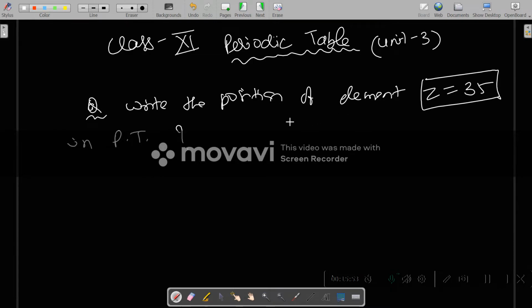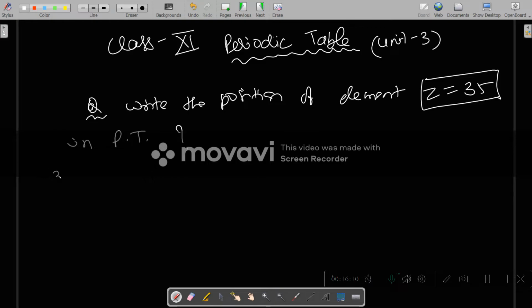If you have to find out the position of any element in the periodic table, the first thing is to write the configuration. I already discussed the principle in the previous chapter, Structure of Atom: apply the Aufbau principle, low energy to high energy.